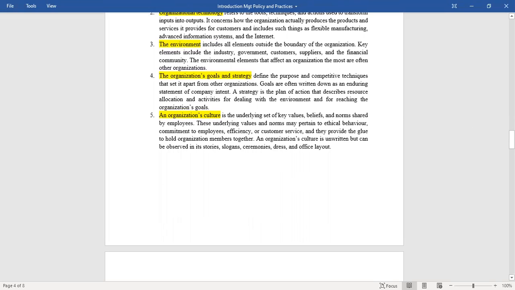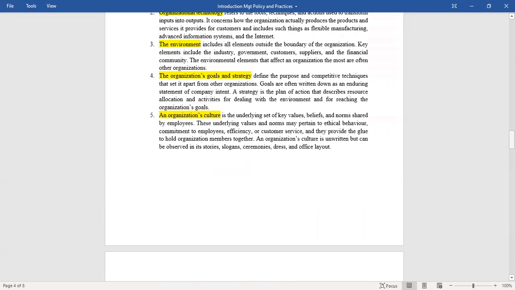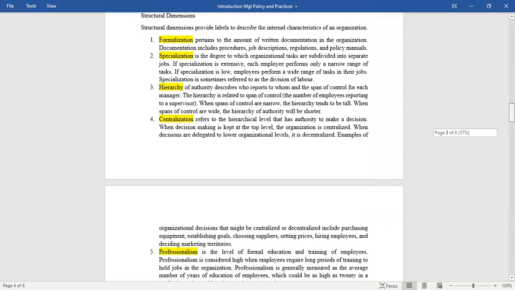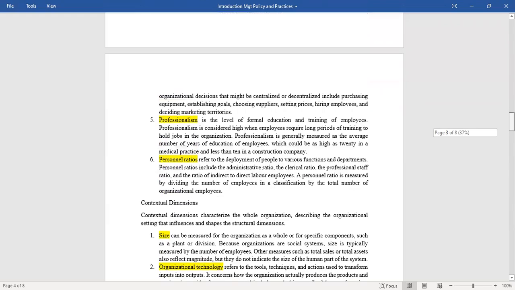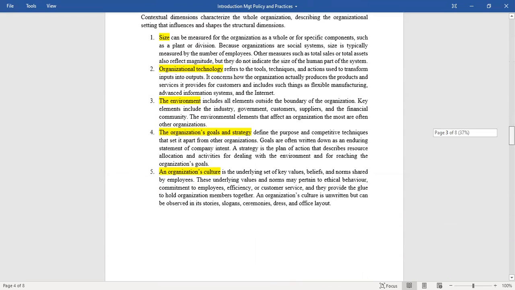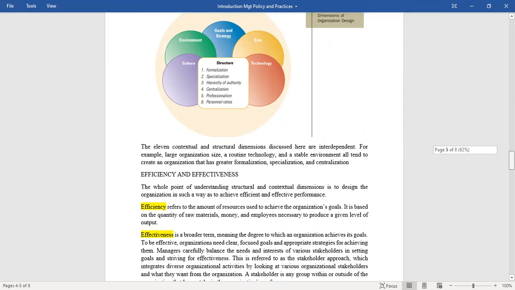It adapts accordingly, right? But it is important. It is not very easy. This culture evolves over time. It can't be designed that easily. But on the other hand, these structural dimensions are something which can be designed, whereas the contextual dimensions are those situational factors which are taken into consideration when determining the internal structure or the structural dimension.